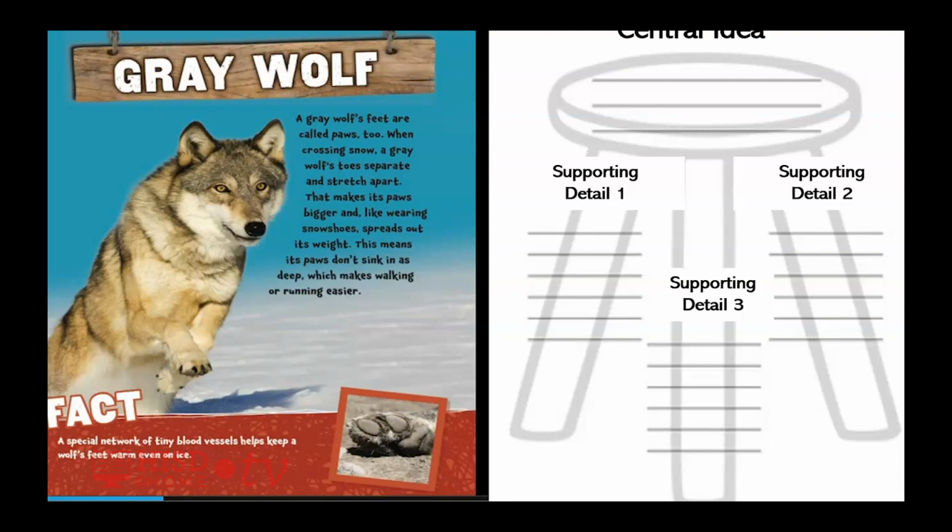So go back and look for supporting detail 1. Go back and look for supporting detail 2. Go back and look for supporting detail 3. And use all 3 of these details to help you compose a central idea statement. Okay, let's take a minute to think about your supporting details and write your central idea statement.